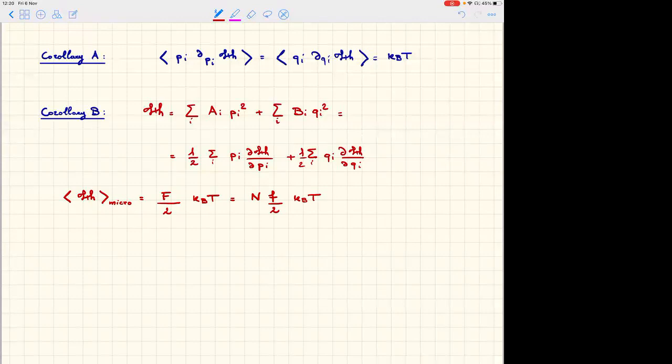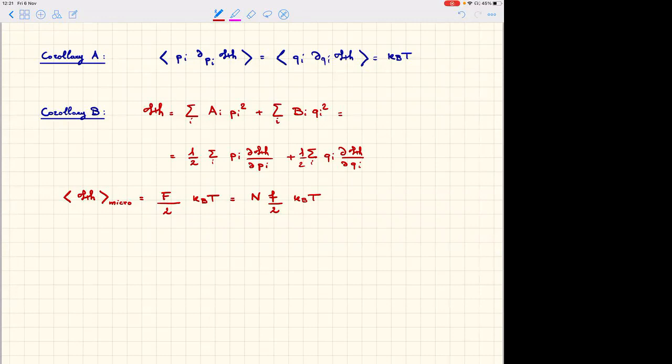And kBT over 2 is what you get for each one of them. So, for example, if I have free, non-interacting particles, then F is equal to 3, because I have the 3 directions of momentum, p1, p2, and p3 squared for each particle. If I have particles that are sitting in a harmonic potential, then F is equal to 6, in 3 dimensions, and so on and so forth.